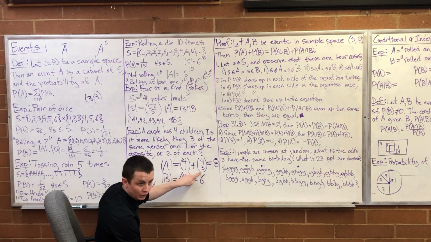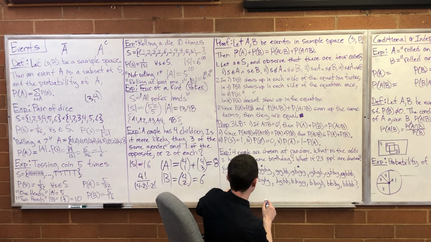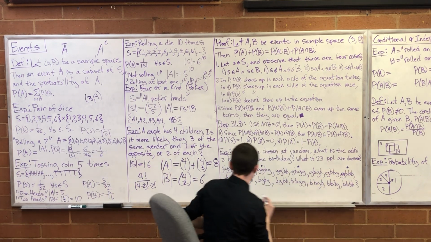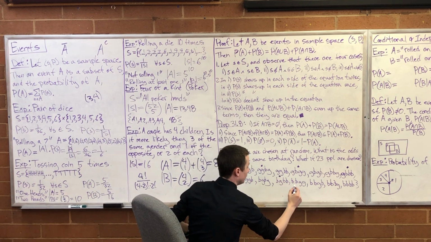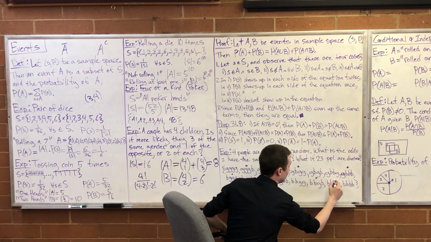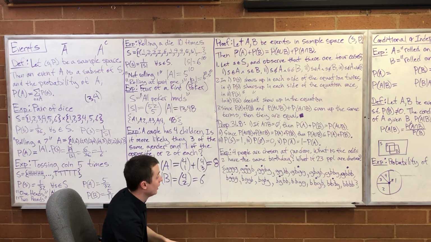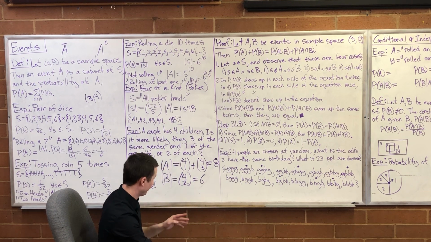This is all the ones that have 3 boys. Let's see, that's 1, 2, 3, 4. Notice that I've counted all the ones that have 3 of one gender and 1 of a different gender, for a total of 8.